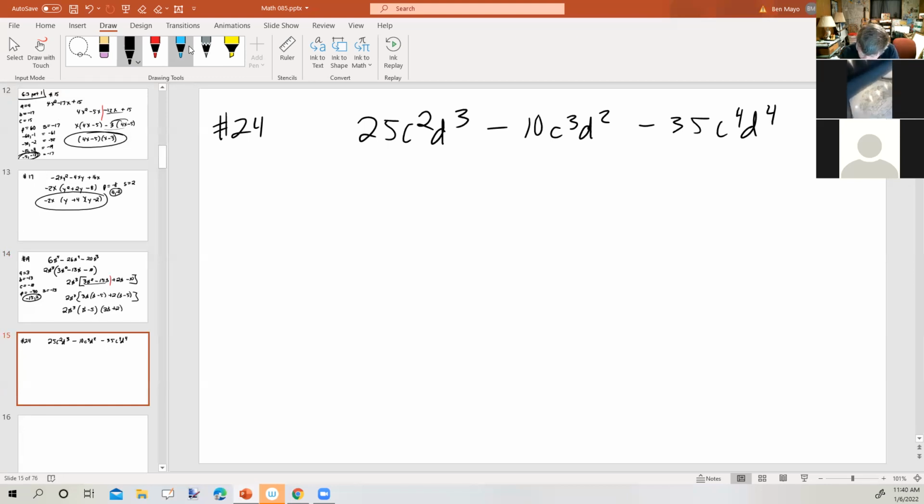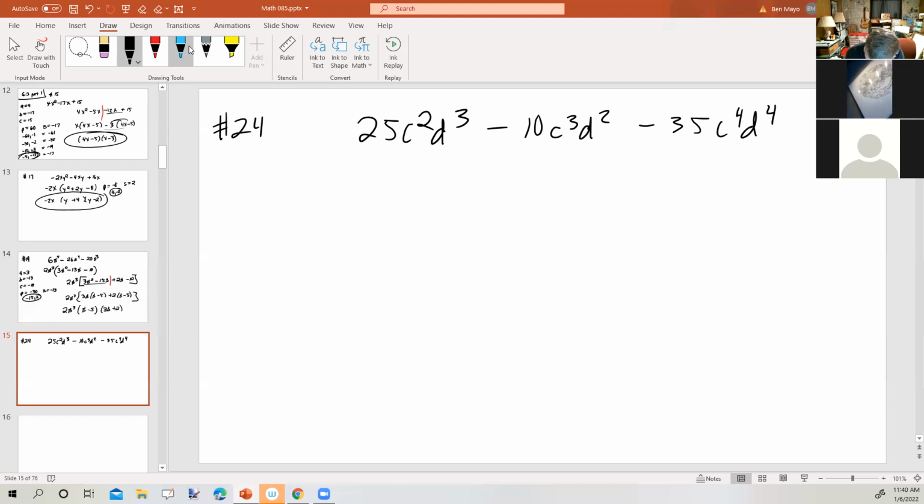All right. So the question is, is it in standard form? Well, it really isn't in standard form in terms of C or D. I'm going to put it in standard form in terms of C. I could have done it in terms of D, and I can go back and do it that way if you want.